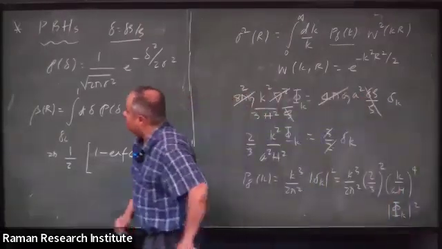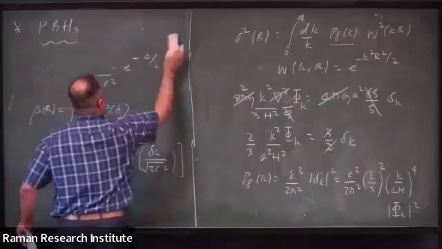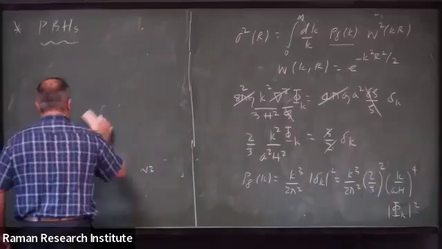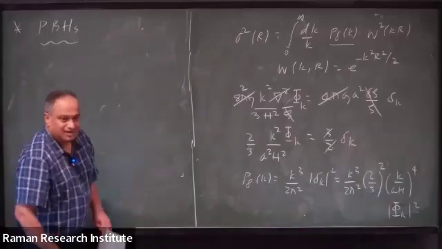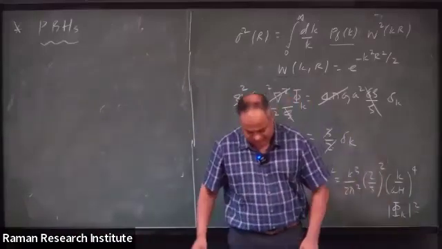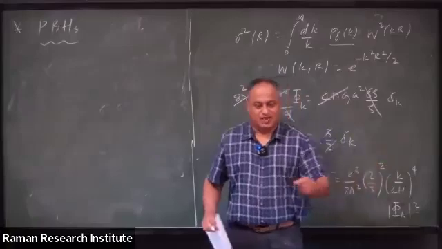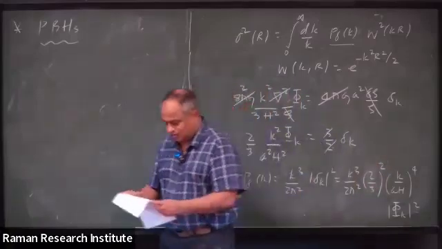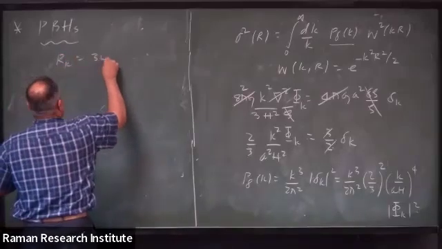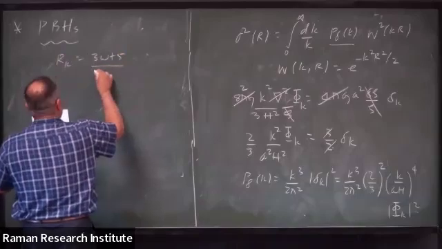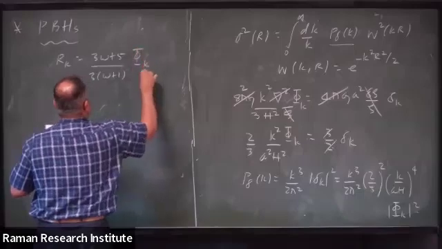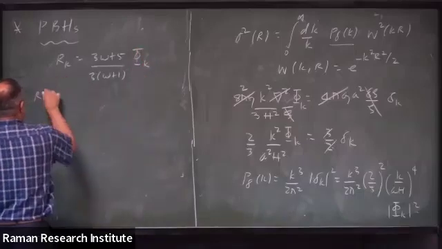And there is another relation which we have already obtained. If you look at your notes, there is a relation between the curvature perturbation and the Bardeen potential on super Hubble scales, in a universe driven by an equation of state parameter W. For W, we had the expression R K equal to (W plus 5) divided by 3 times (W plus 1) times phi K. In radiation domination, what is this?